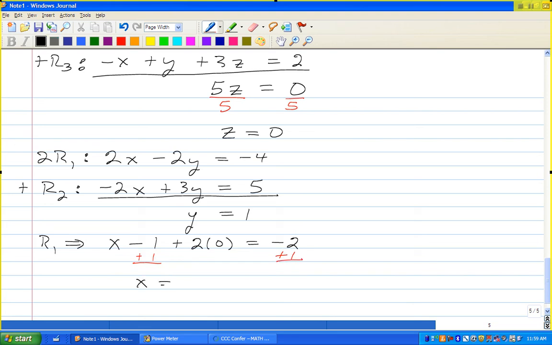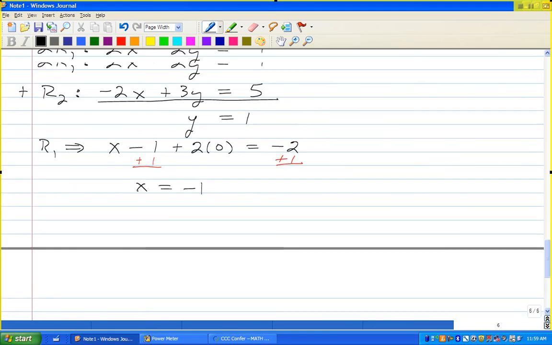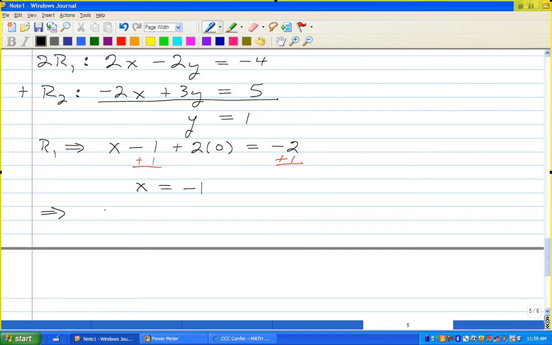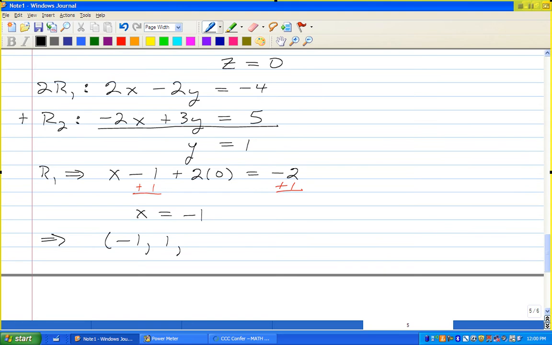So x is equal to negative 1. So my solution is the ordered pair (-1, 1, 0). And that is the solution to my system. Usually, I just box x, y, and z and assume that you can determine what the actual solution is, given that I've solved for x, y, and z. Okay.